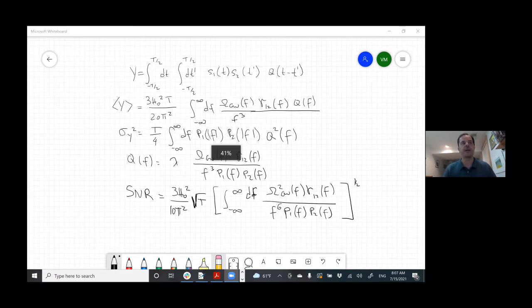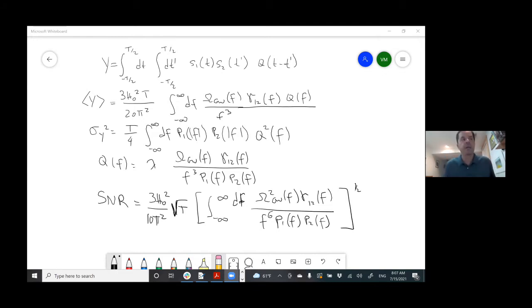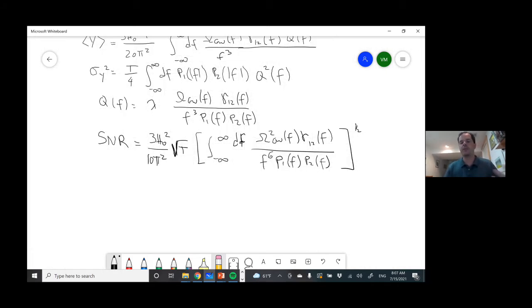So that's more or less how far we got last time. There are a few things that we can say now, or to take this a little bit further. For the spectrum omega GW that we end up using in practice, very often we would choose a simple power law.